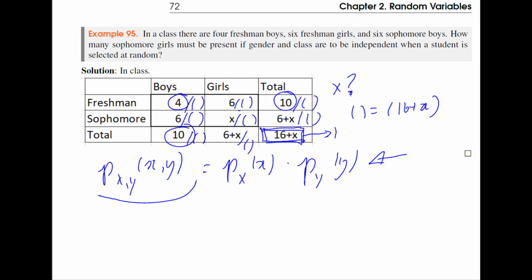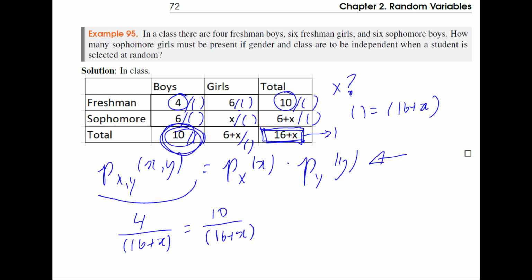Okay, so let's take the entry at 4. That entry is 4 divided by 16 plus x. It should be equal to the marginal of x, so let's say that's this one, 10 divided by, again, 16 plus x, times the entry for this one.